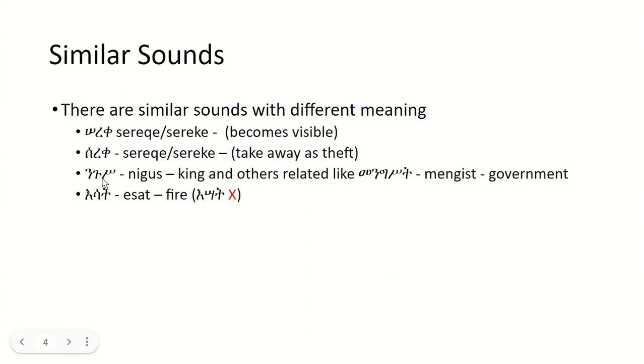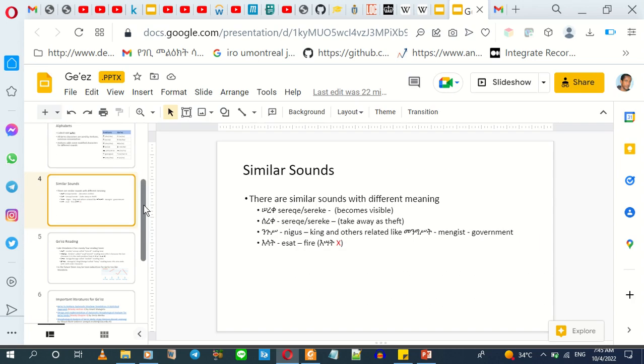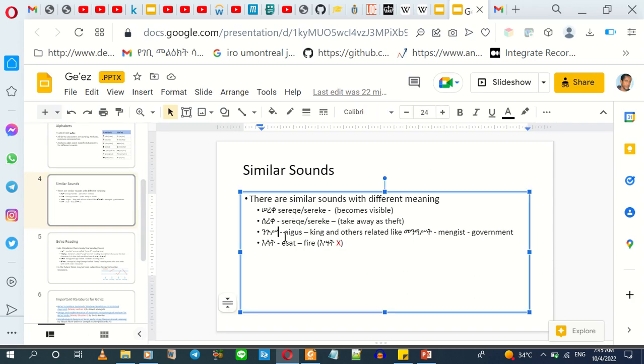For example, Negus means king. This should be written like that, but there is another option to write this word, like this one. This is also pronounced the same as this one, but this is out of convention.